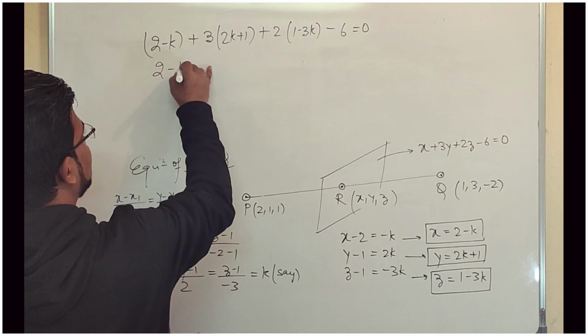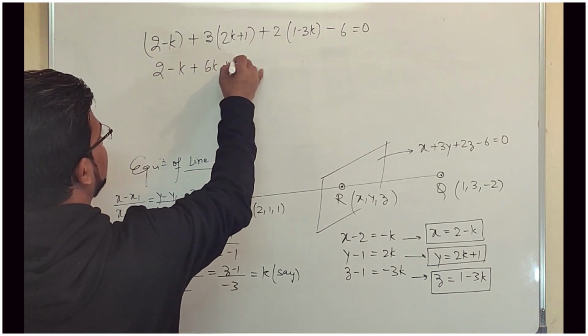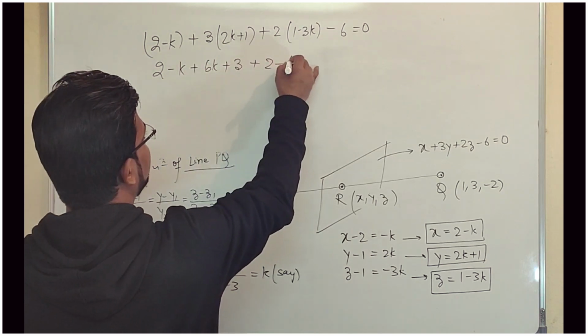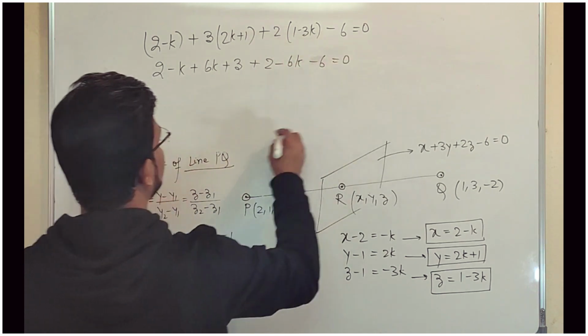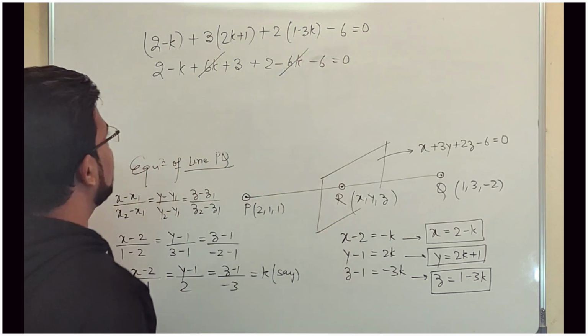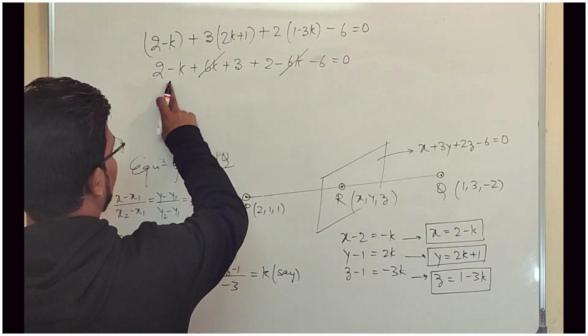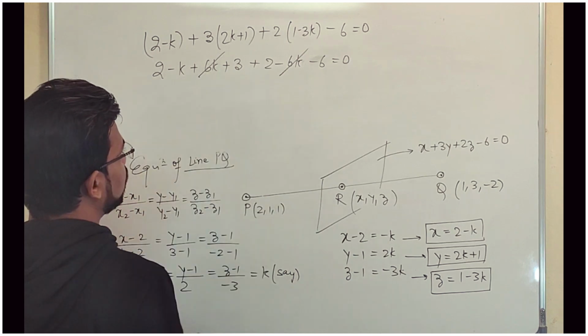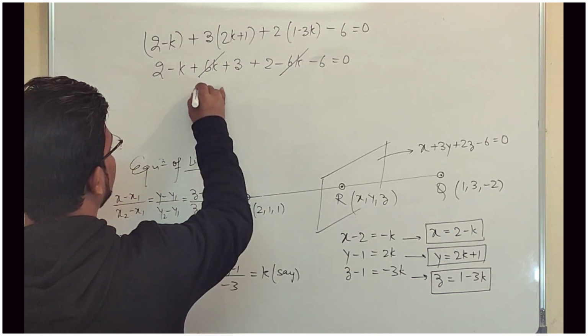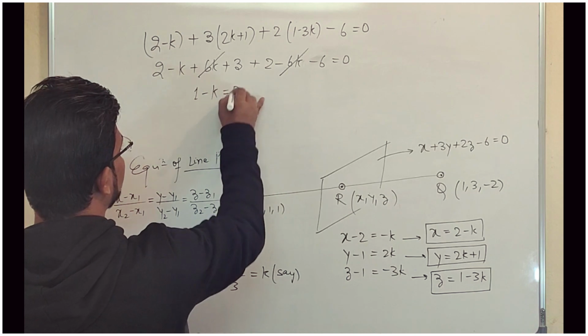So 2 minus k plus 6k plus 3 plus 2 minus 6k minus 6 is equal to 0. So from here 6k and minus 6k get cancelled. Then we have 3 plus 2, 5 plus 2, 7 minus 6, 1. So 1 minus k is equal to 0.